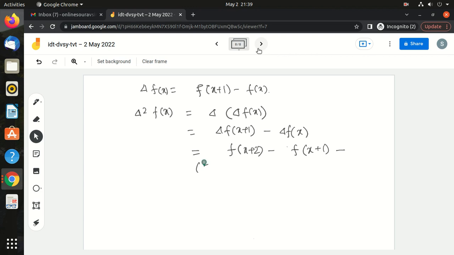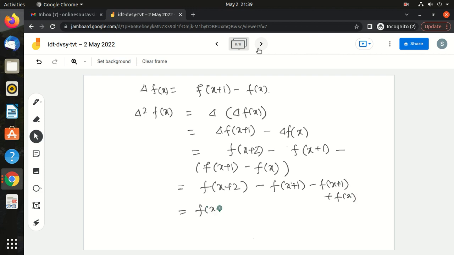So this is f of x plus 1 minus f of x. This is f of x plus 2 minus f of x plus 1 minus f of x plus 1 plus f of x, which is basically f of x plus 2 minus 2 f of x plus 1 plus f of x.